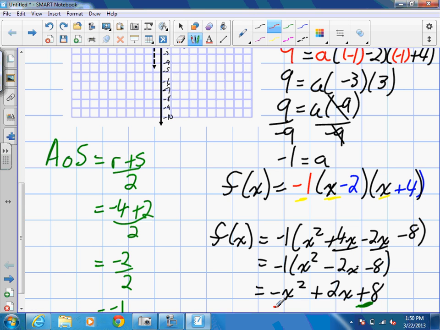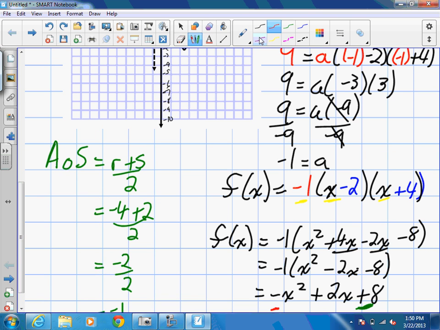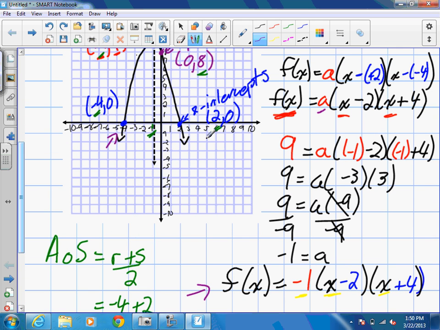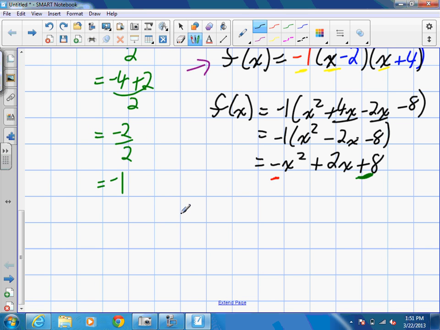Now, as one side note, because it is very important that you know how to do this the other way, if you're given factored form, so they give you this form, and they ask you to find the x-intercepts, so they don't have a graph. The way we find x-intercepts is we take the factored form, which we created, f of x is equal to negative 1, x minus 2, x plus 4, okay?